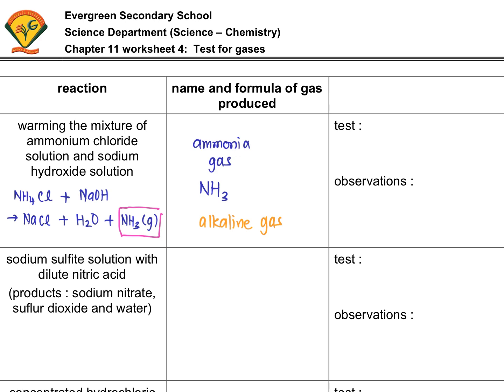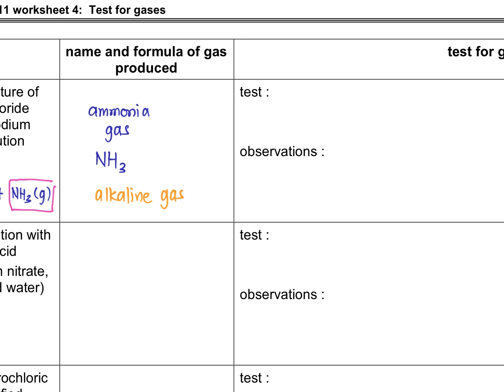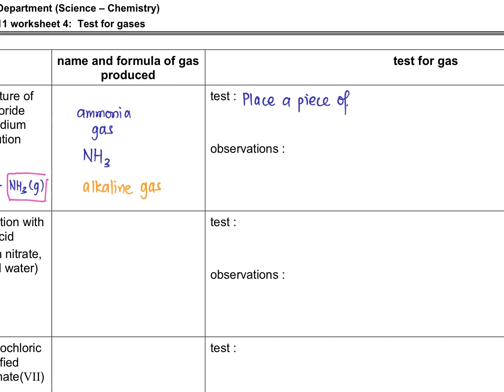Red color. Okay. So in order to test for this gas, you place a piece of moist red litmus paper into the gas.